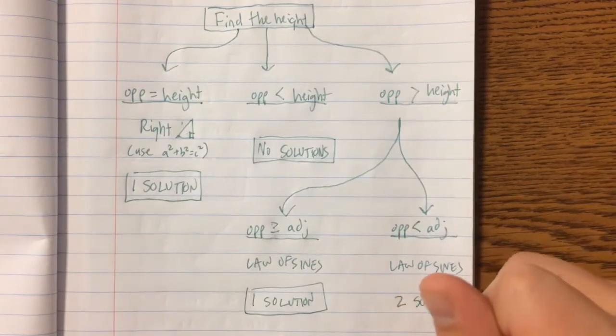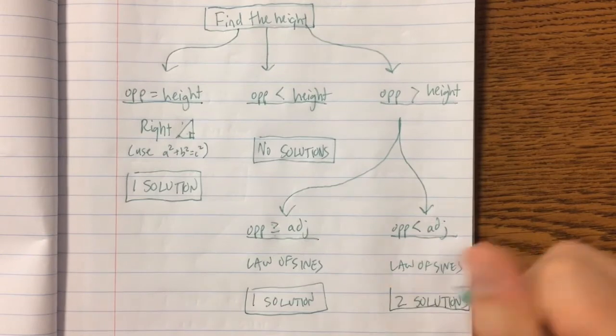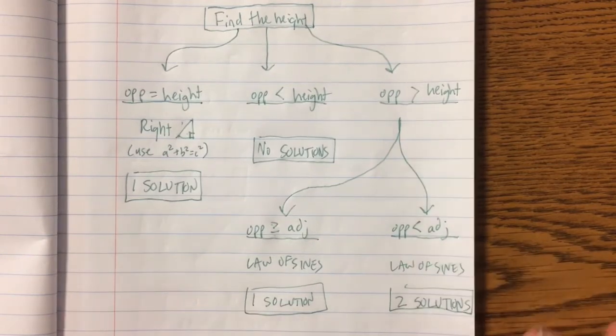Otherwise, you'll have 2 solutions, and I want to show you how to actually solve one of those 2 solution cases. So this is your decision tree. I'm hoping you can now see why this case sort of deserves its own day. So there's a lot to think about here.